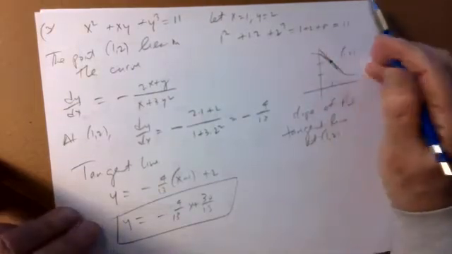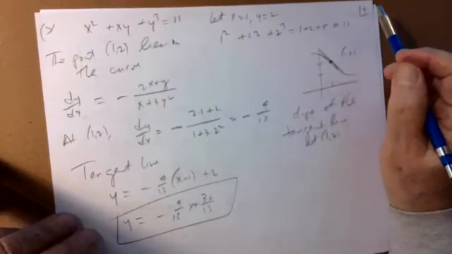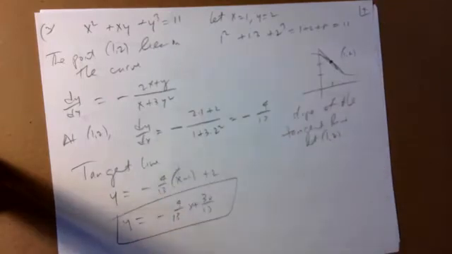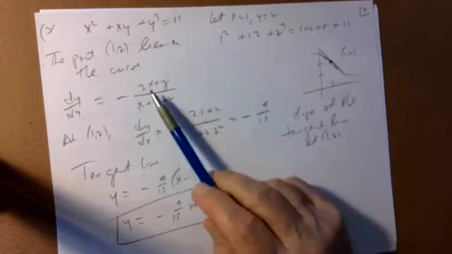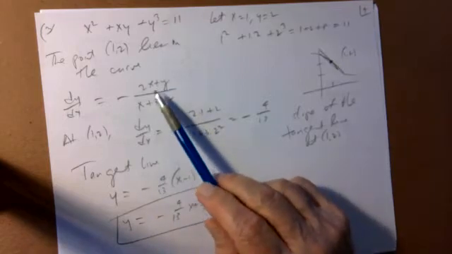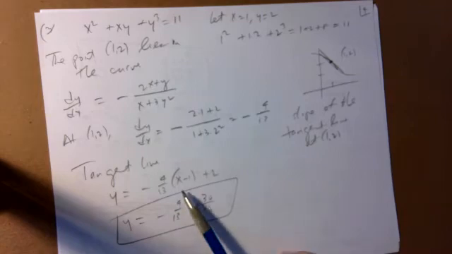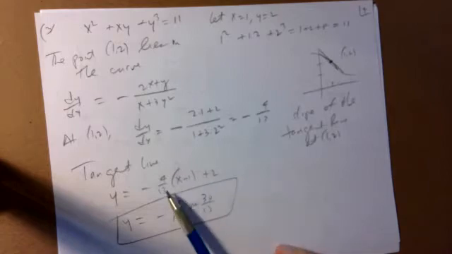So if I was lucky enough not to make any arithmetical errors when I calculated this, this is the tangent line. And this is the equation of the line passing through the point (1, 2) with slope minus 4/13.